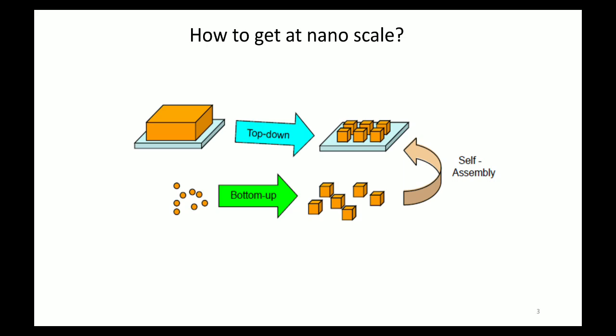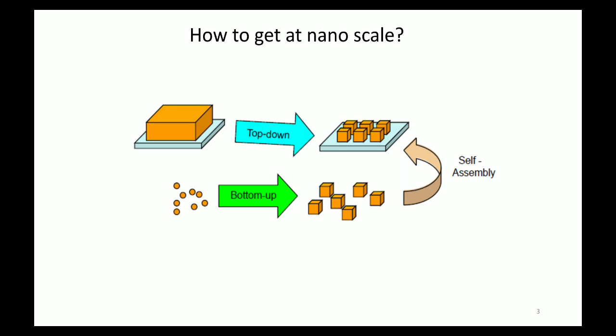As I said, top down means you have a big bulk material, and you are making smaller and smaller pieces of that bulk material. Suppose you have sugar crystals, and you are grinding them to make fine sugar powder. So this is a top down approach.